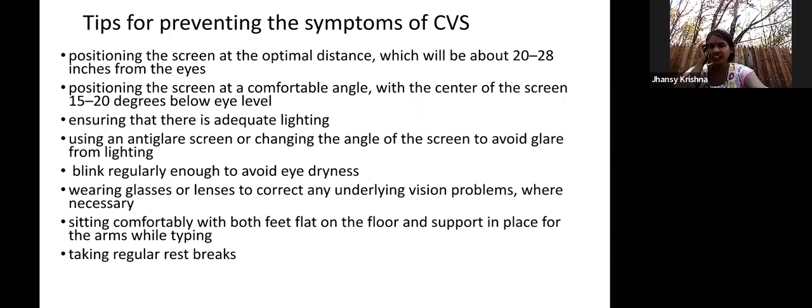If there is any eye problem, use eyeglasses or lenses to correct the underlying eye problem. And also sit comfortably with both feet flat on the floor and support arms in place while typing.